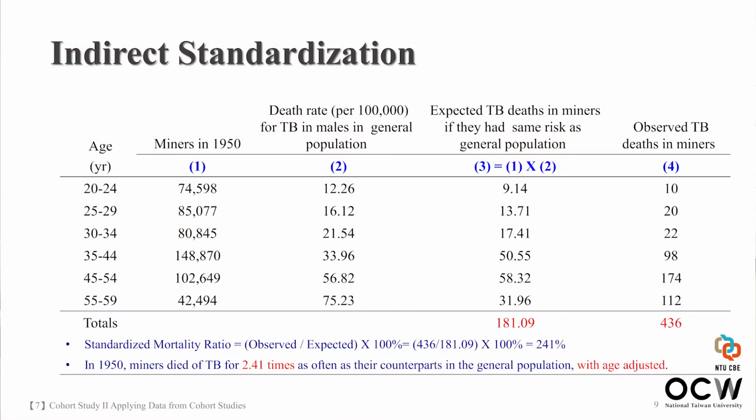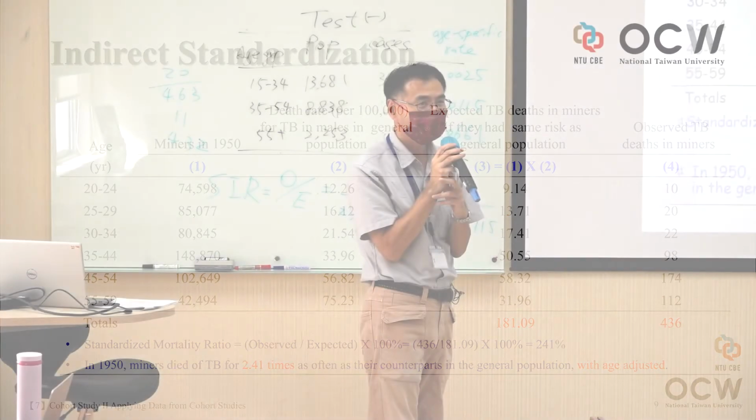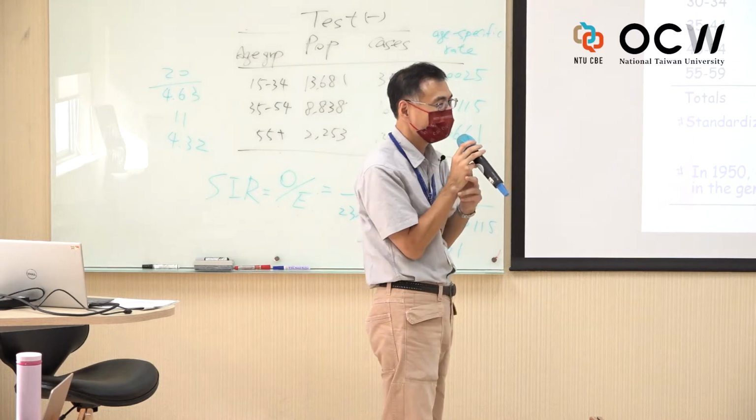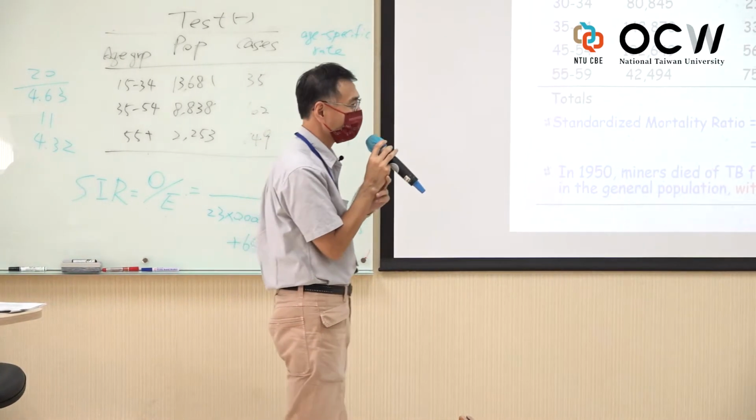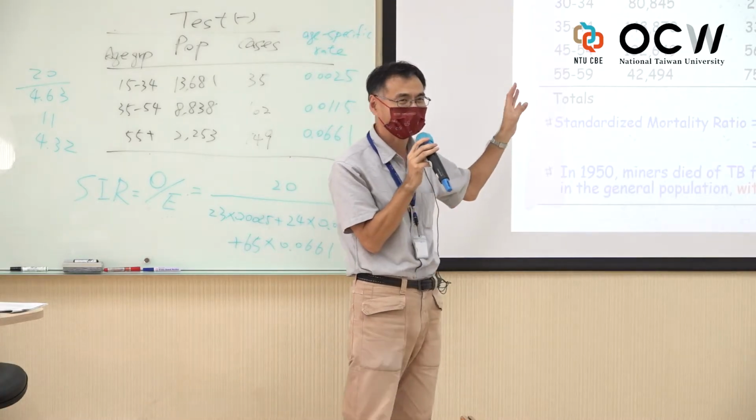And here comes the other example about indirect standardization. Okay, and this is real data from a group of male miners back in the 1950s. I believe that up to now most of the miners are males, unfortunately. So gender has been controlled by the study design, right?